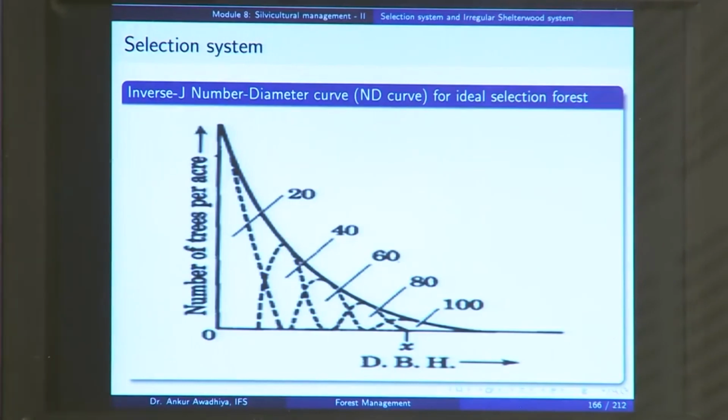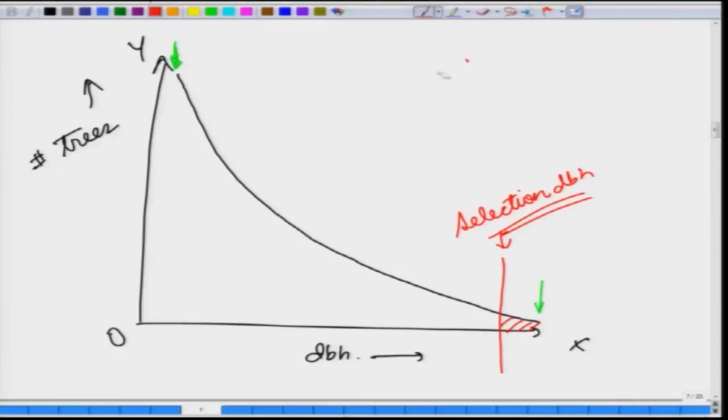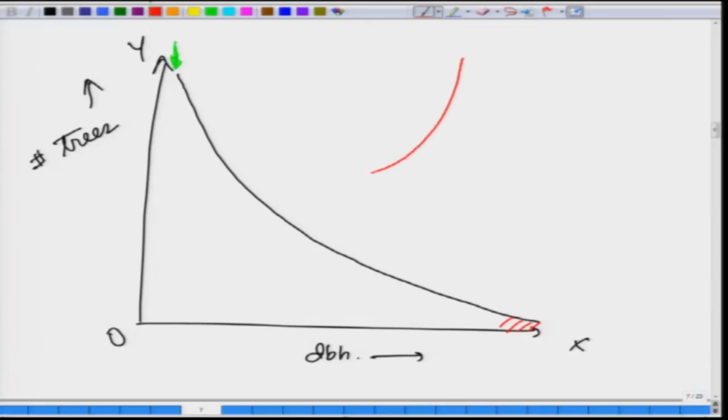Now, a selection forest is characterized by this inverse J number diameter curve or the ND curve. So, what we are saying here is that if you look at the letter J, it looks like this. So, this is the J, and so in this case a J curve would look like this. This is an inverse J curve, which means that you are putting a mirror here and you are doing an inversion.